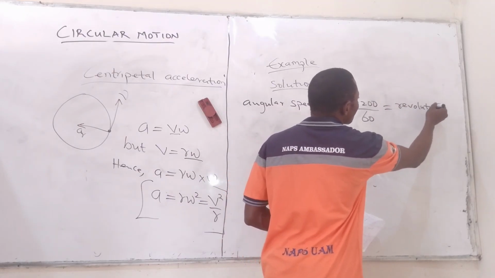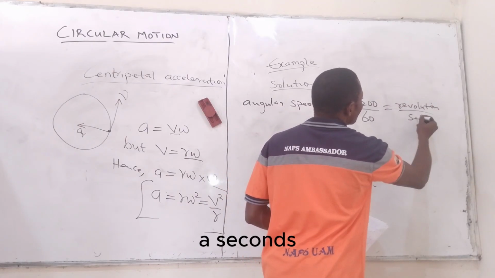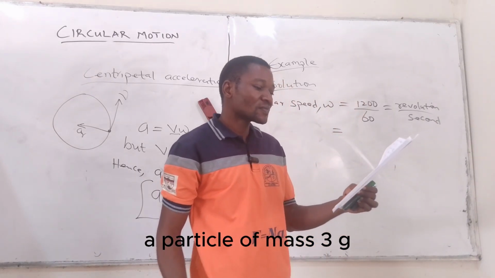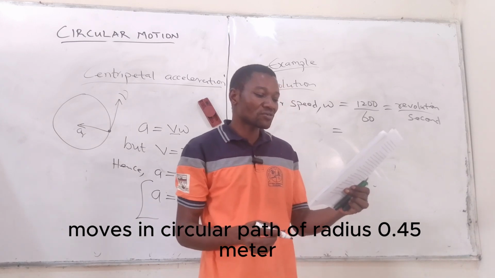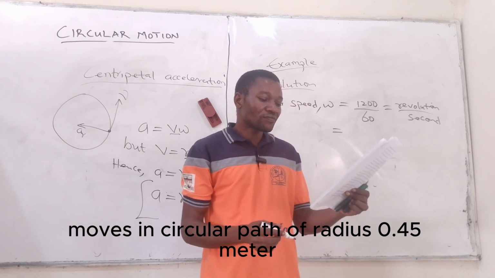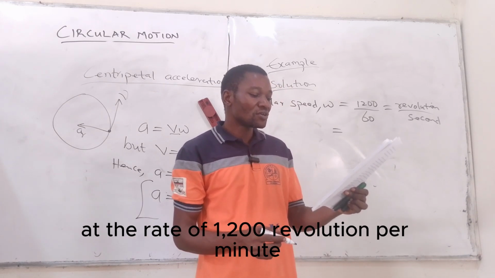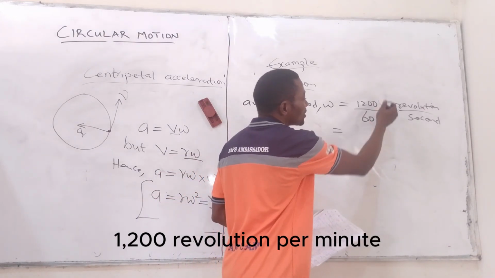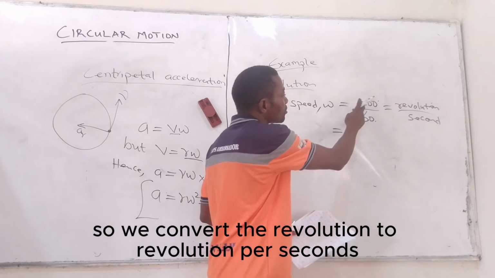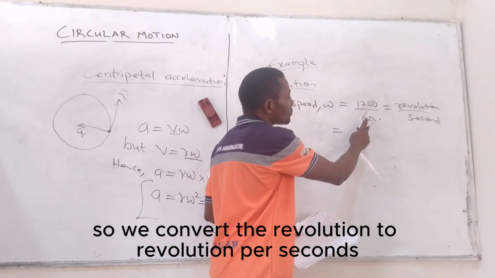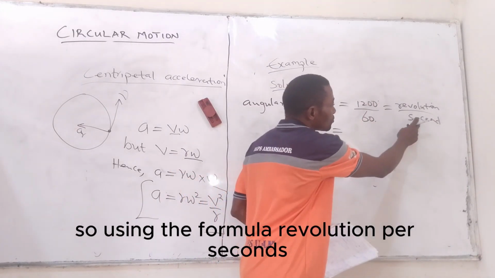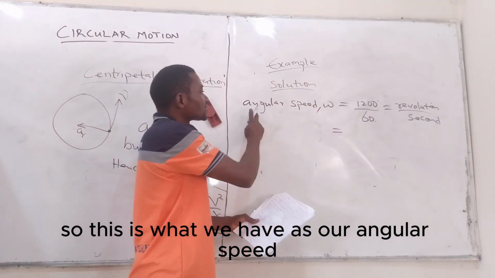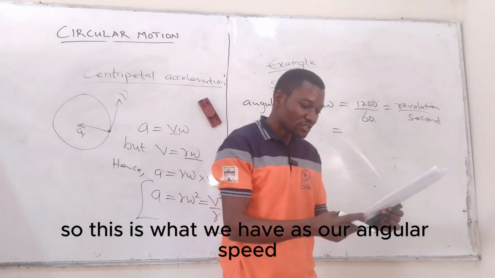It says a particle of mass 3 grams moves in a circular path of radius 0.45 meter at the rate of 1,200 revolutions per minute. So we convert revolutions per minute to revolutions per second, and this is what we have as our angular speed.